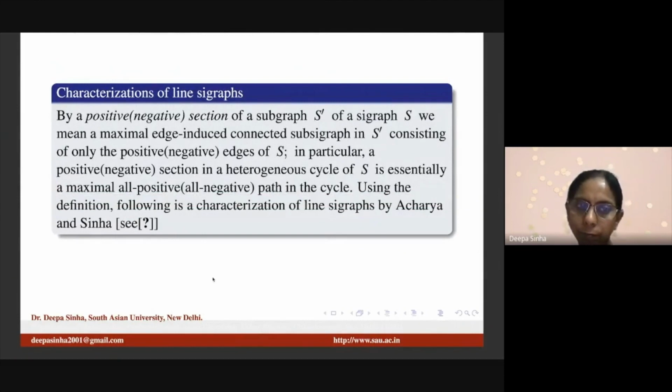And positive negative sections, I have already explained. A positive negative section in the case of a heterogeneous cycle is essentially an all negative path; if its end vertices are joined by a positive edge, then this will be called a negative section.